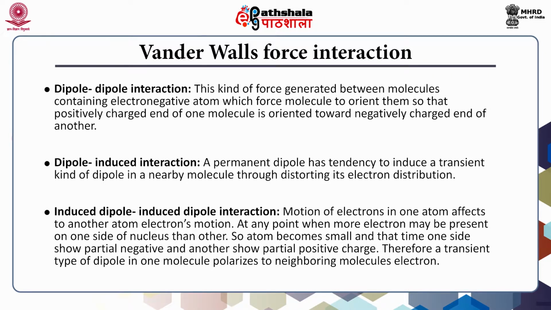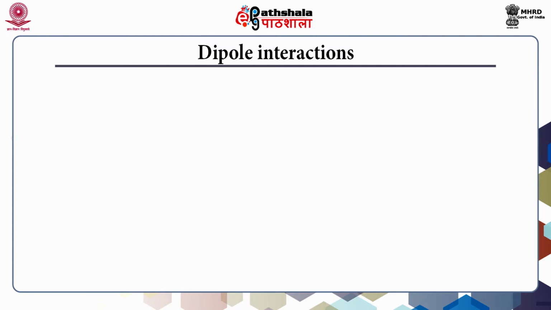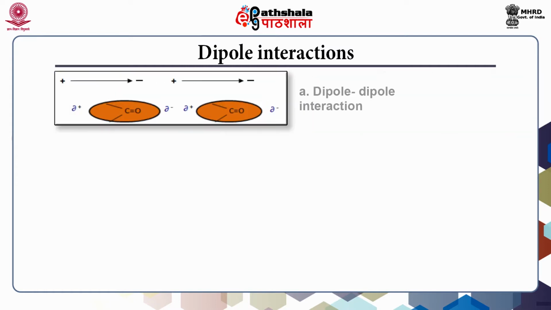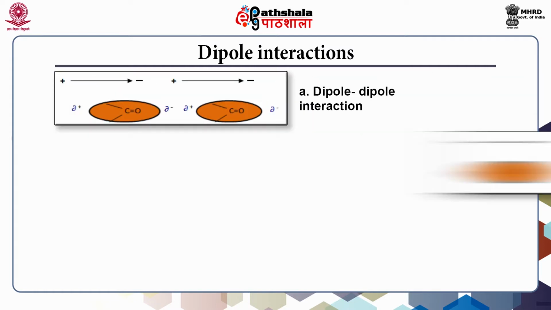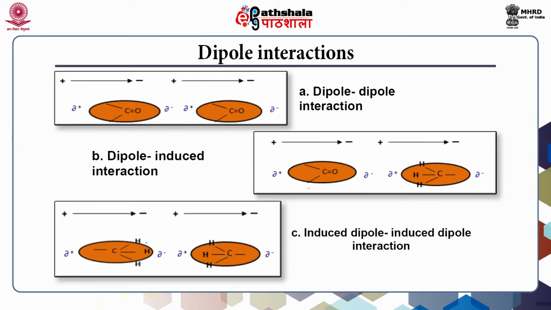Therefore, a transient dipole in one molecule polarizes the neighboring molecule's electrons. This slide gives a pictorial understanding of the various types of Van der Waals interactions we just studied. A shows dipole-dipole interaction, B shows dipole-induced dipole interaction, and C shows induced dipole-induced dipole interaction.